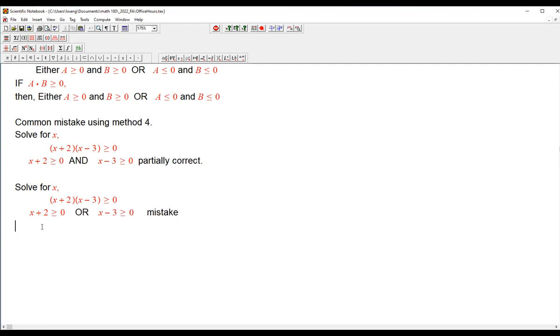Now the student will go on to say x is less than or equal to -2, or x is greater than or equal to +3. And then the student will come and say, I get the right answer.